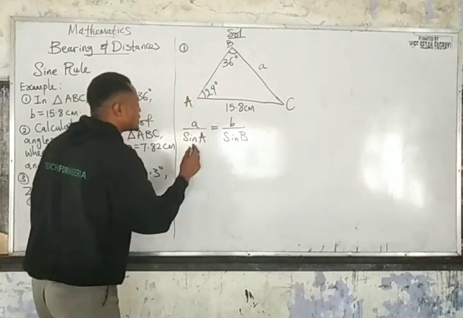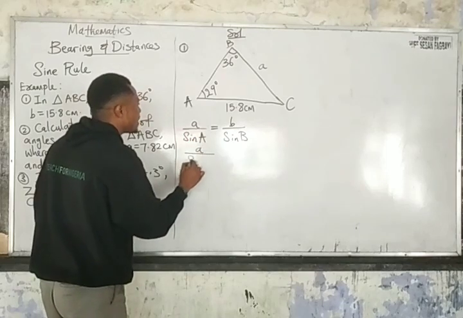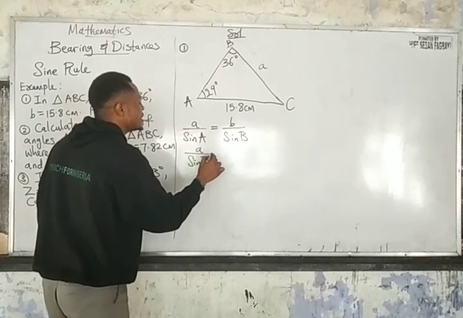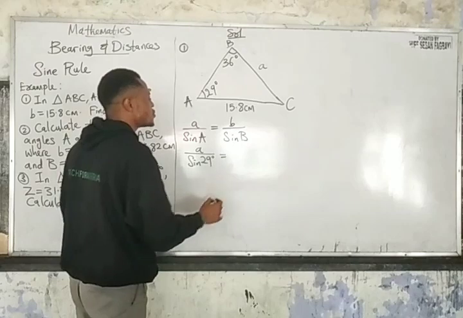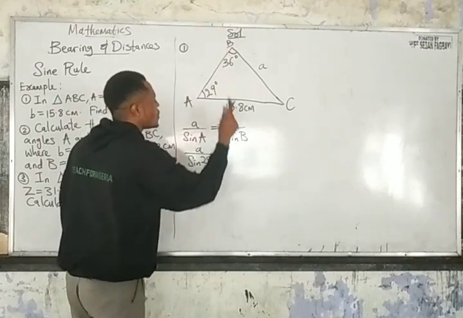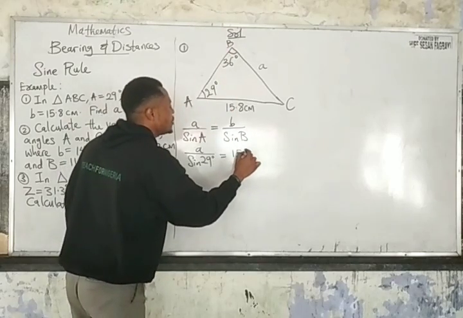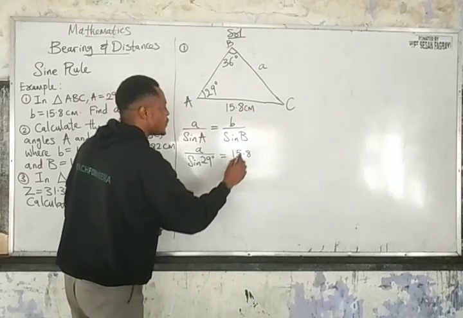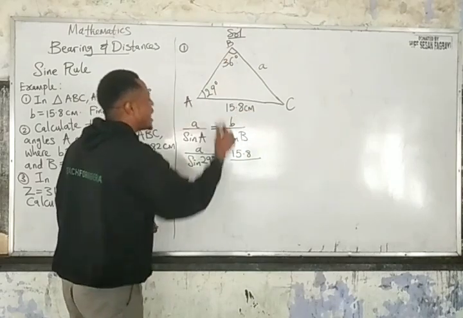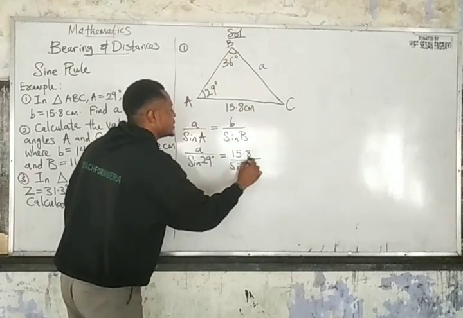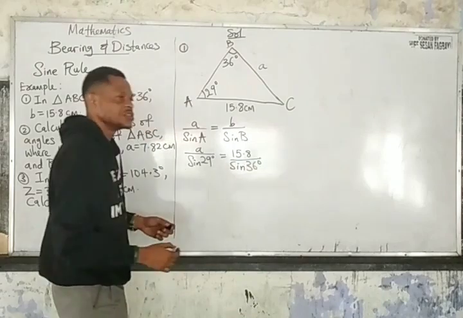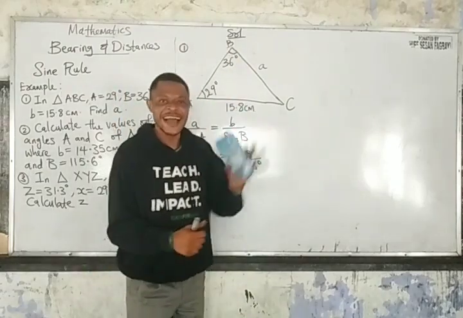Now the a is exactly what I'm looking for, all over sine 29 degrees, equals to the b, which is 15.8 centimeters, of course, all over sine b, which is sine 36 degrees.